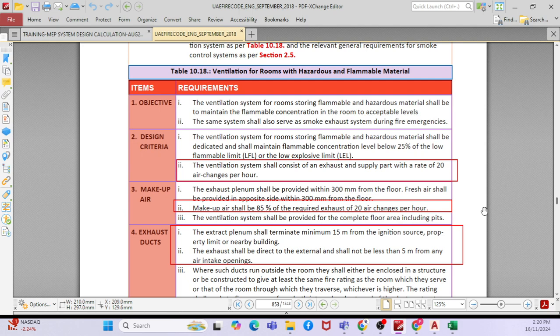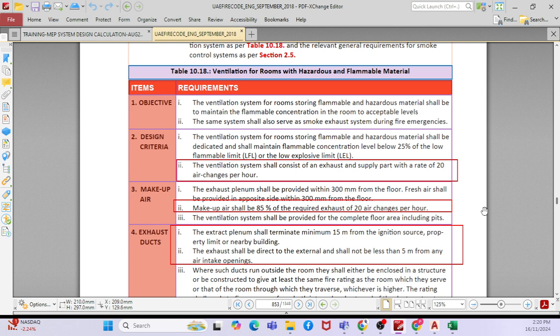Hazardous material is like chemicals that burn. The battery room is a different condition, where we calculate based on the hydrogen concentration. But this particular room is based on flammable material, for example fuel, or maybe some chemical powder that is flammable and dangerous to humans. So flammable material is like fuel.